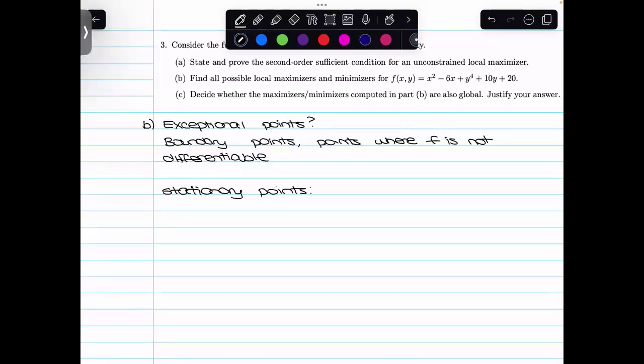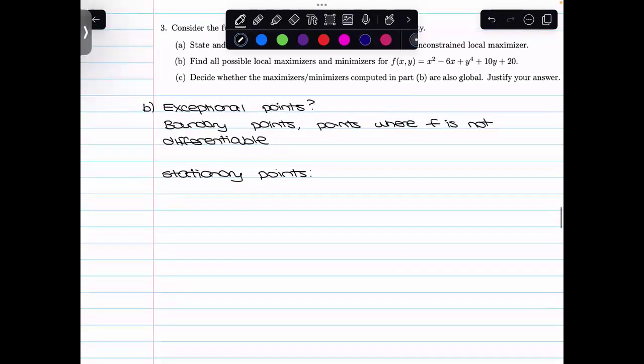So now for the stationary points, similarly to one variable functions, we just have to look at when the derivatives are equal to 0. If we differentiate with respect to x, we should get 2x minus 6, and with respect to y, 4y cubed plus 10. And then we just need them both to be equal to 0.